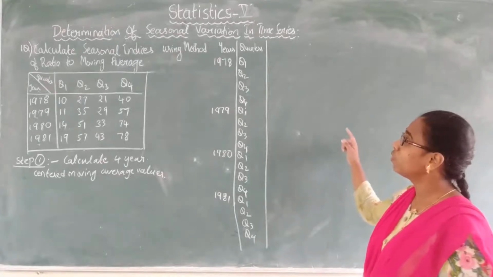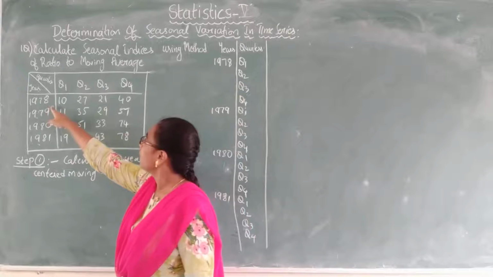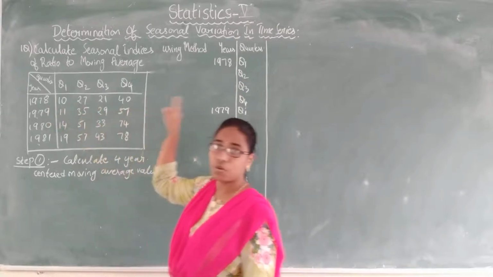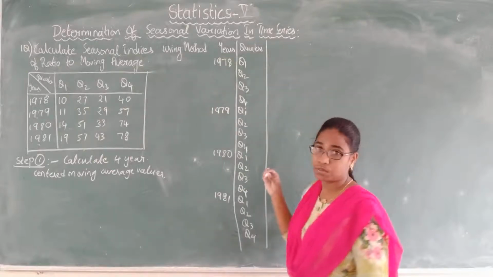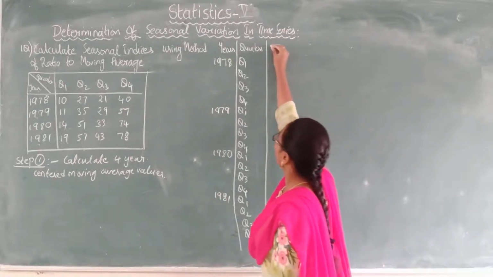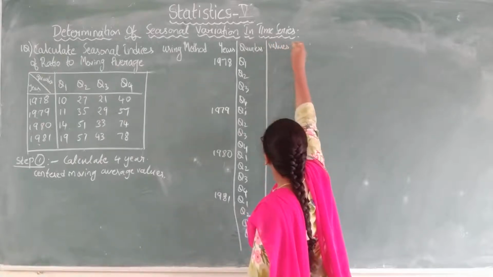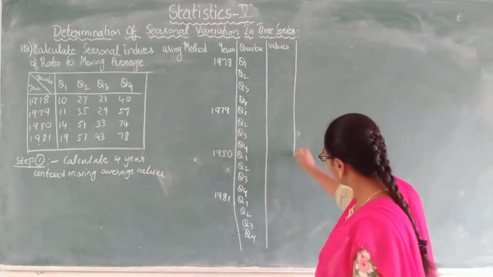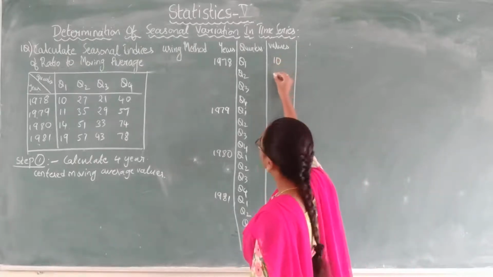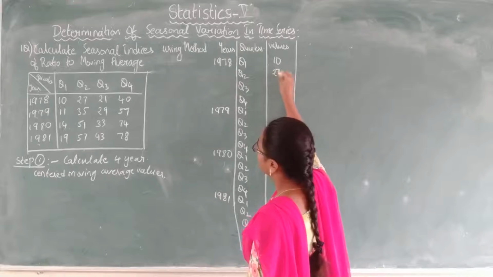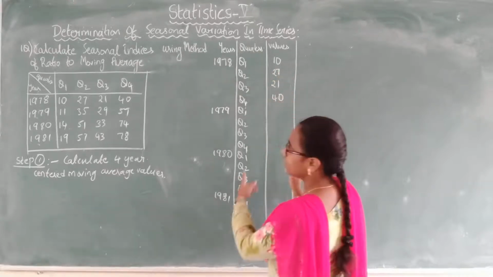How will you write the values? First 1978. For 1978 we have written quarter 1, quarter 2, quarter 3 and quarter 4. So write all those values. What are the values? First is 10, 27, 21, 40. So 1978 is finished.